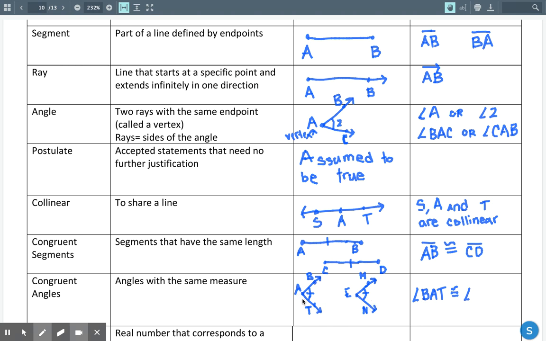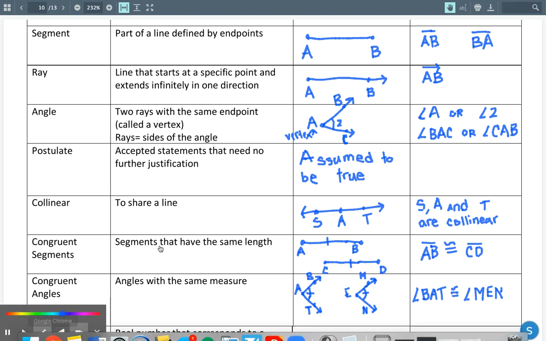If I did TAB, I could go NEM. So just make sure that you always go in the same order. So angle BAT is congruent to angle MEN. And again, I have the equal sign with the squiggly above it. So hopefully that's making sense.